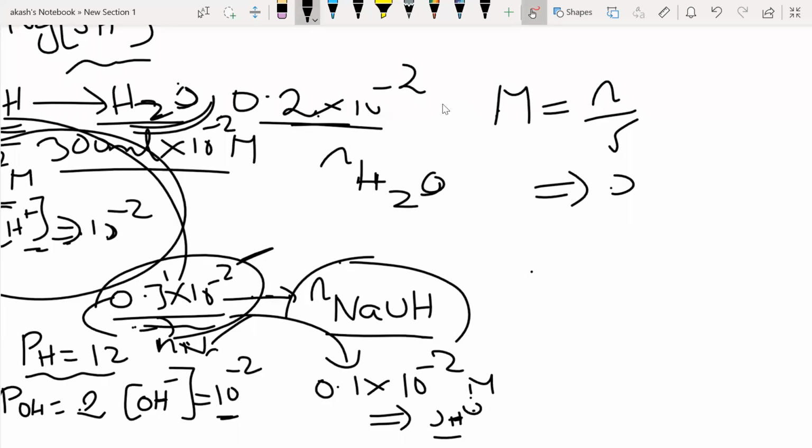The number of moles of OH minus remaining after the reaction is completed I can write as 10 to the power minus 3 directly, because 0.1 is 10 to the power minus 1. So I have 10 to the power minus 3 divided by total volume, guys. It's not just the volume of NaOH. They have HCl solution as well as NaOH solution, so 200 ml of that and 300 ml of this. Total volume is 500.